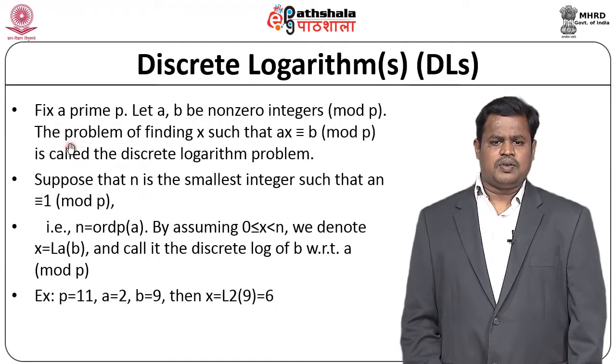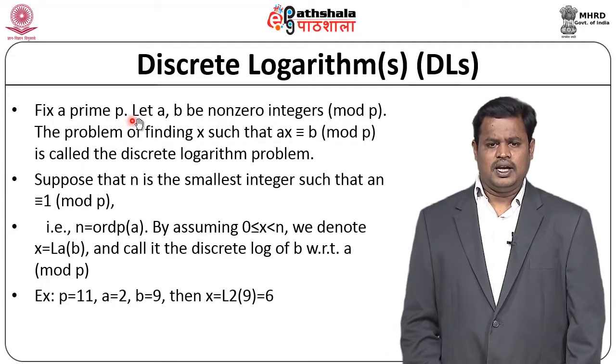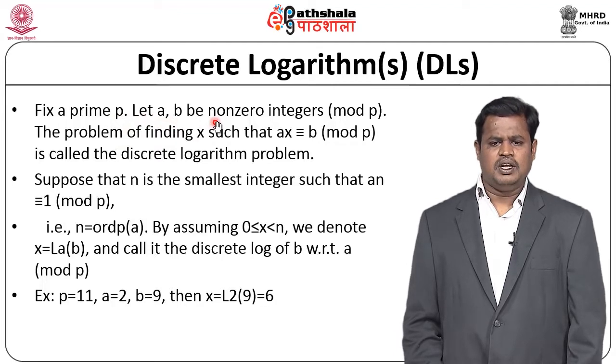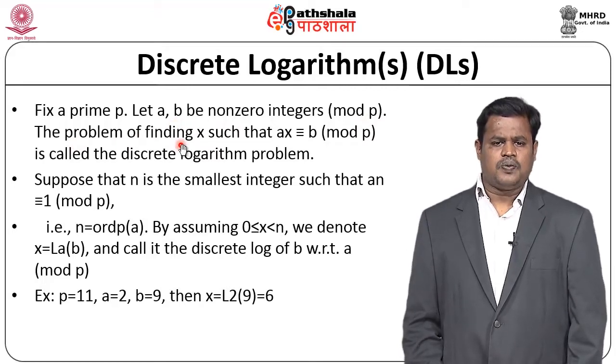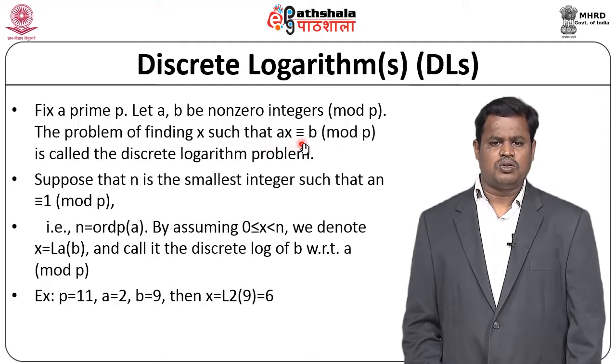Now, in the case of discrete log, fix a prime p, and let a and b be non-zero integers mod p. The problem of finding x such that a to the power x is congruent to b mod p is called the discrete log problem.